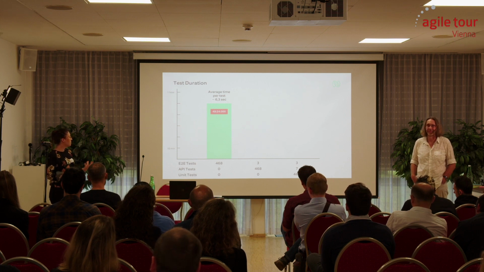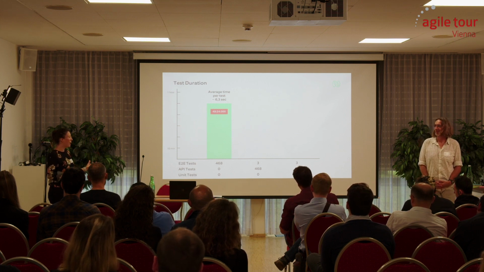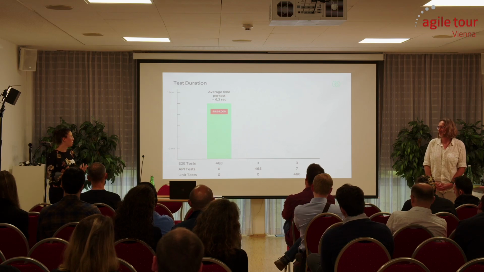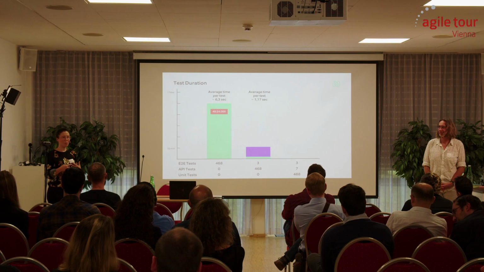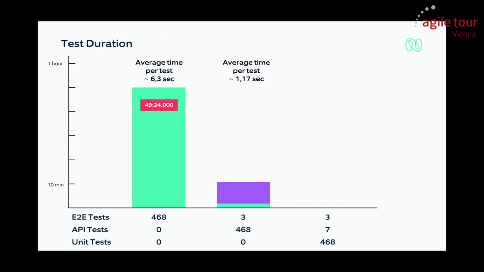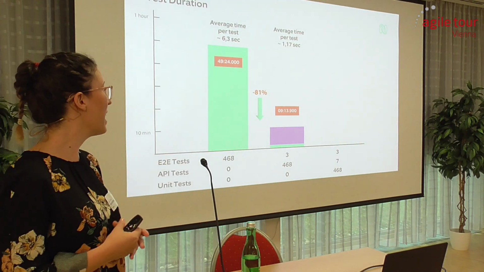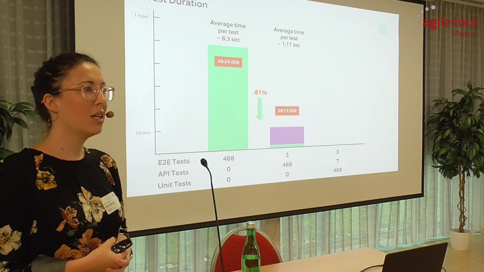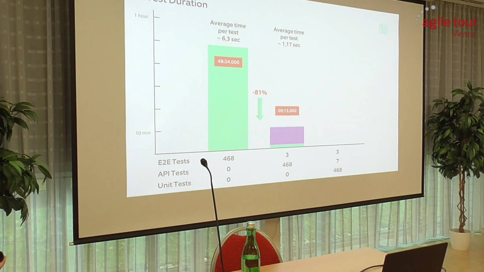After our first refactoring to our API layer, we had a major improvement. We now have an average time per test of about 1 second, which makes a reduction of our time of about 81%. And now we still have about 10 minutes of test execution time that we want to reduce even further.